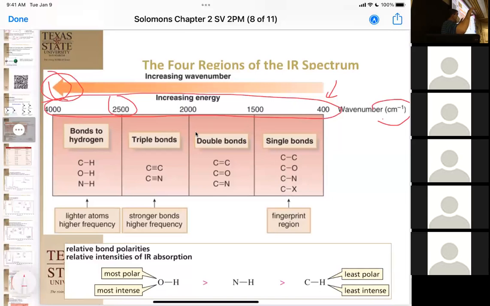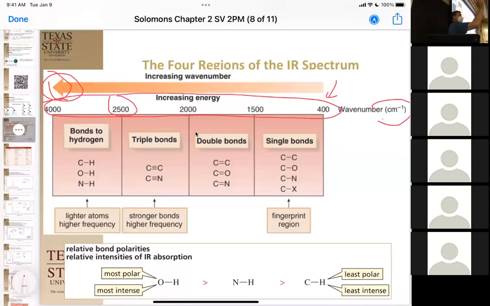If we think about it springing around, the big atom's not going to move very much, but the small atom's going to be springing around like this. Okay? So it's going to be moving fast and have this energy associated. It can absorb energy and move around quite a bit. So all of the big atom, small atom bonds are above 2,500 wave numbers. Okay, now we can shift them around based on energy, and we'll talk about that next.